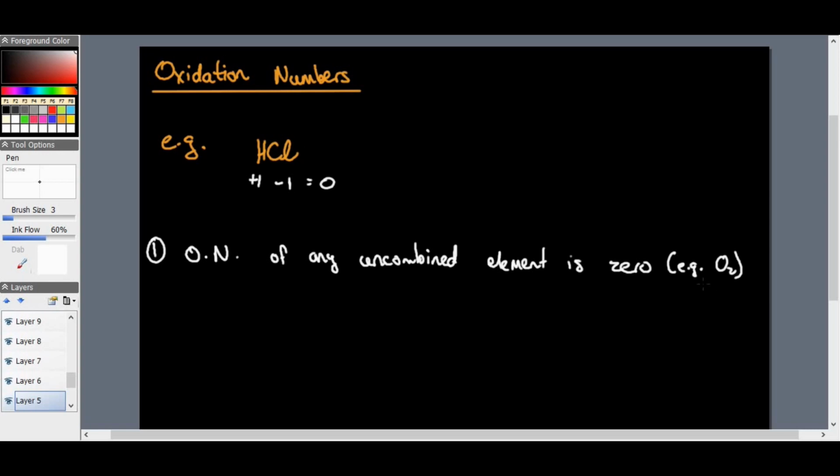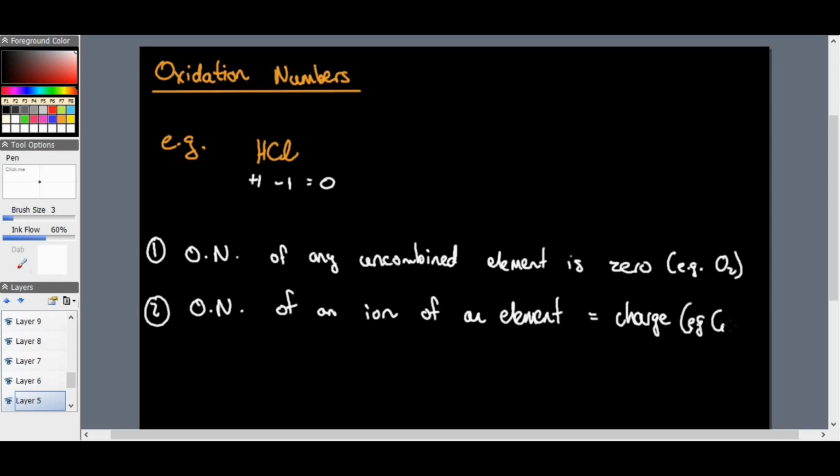Okay. Second one: the oxidation number of an ion, of an element, is equal to its charge. There are about 7 of them, just warning you. For example, Cu2+, it's +2. That is the charge on it.